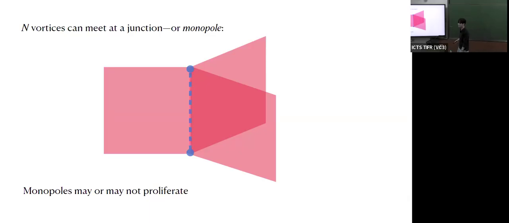This is space-time, yeah. Yes, I'm thinking of Euclidean time, but yes. So it's like in space, I'll have a point-like monopole, and then there'll be a junction of strings. I'll have n of them.